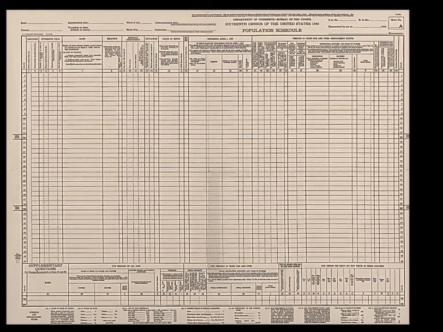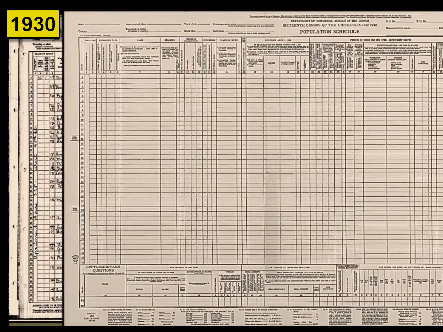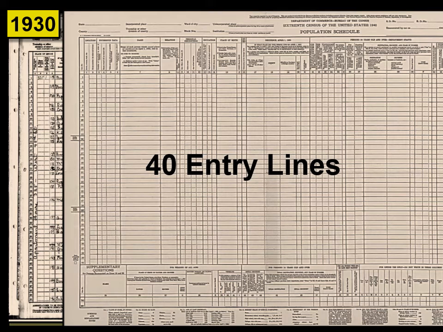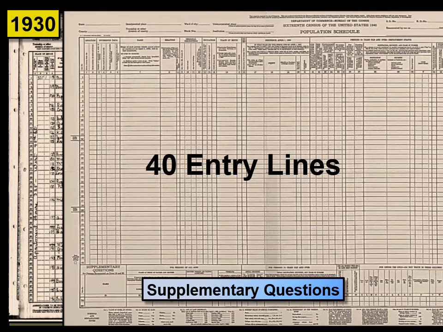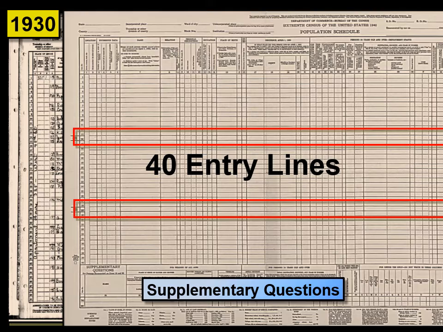If you look at this, you'll see a difference between 1940 and, I'll peek a little bit, 1930. In 1940, there are 40 entry lines instead of 50. There are 2 lines, and there are supplemental questions on the bottom. We'll talk about that. There are 2 lines that are heavier in line density, and those are sampling lines.